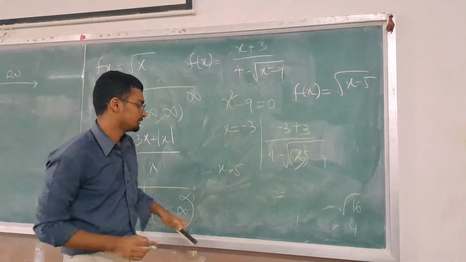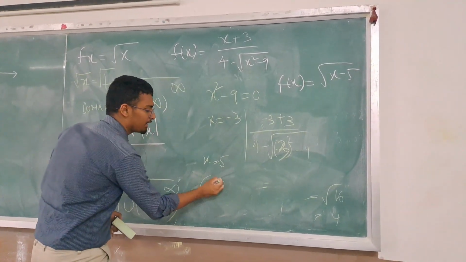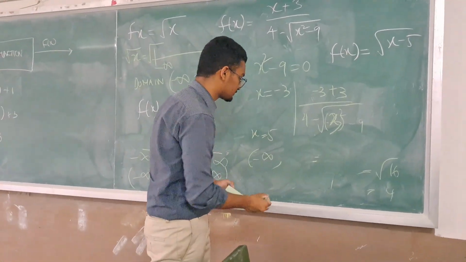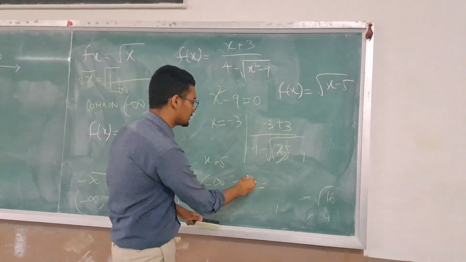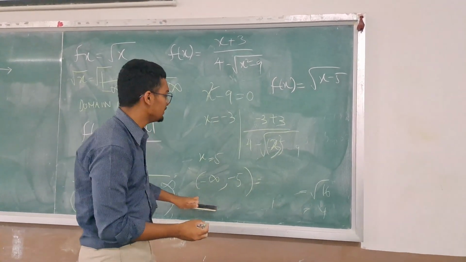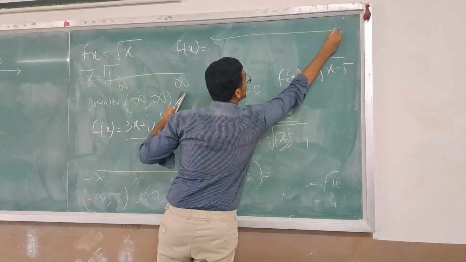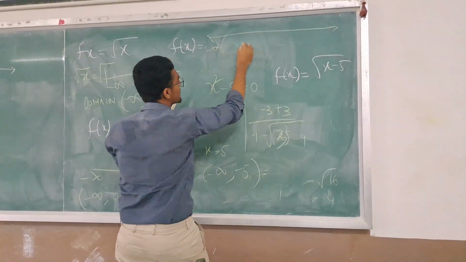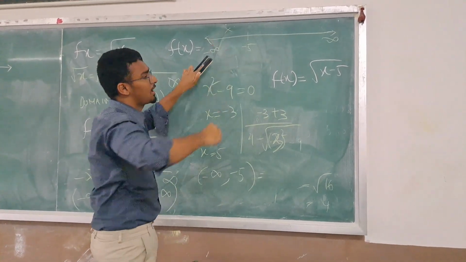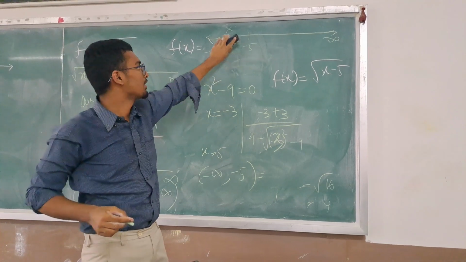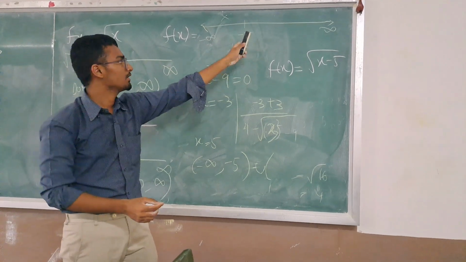So in the domain, we are not including minus infinity to minus 5, and minus 5 is not included. Minus infinity to minus 5 we are not including, union with the term from minus 5 to minus 3.